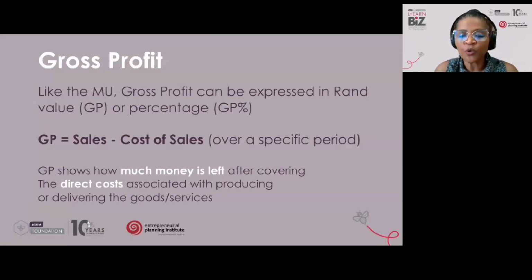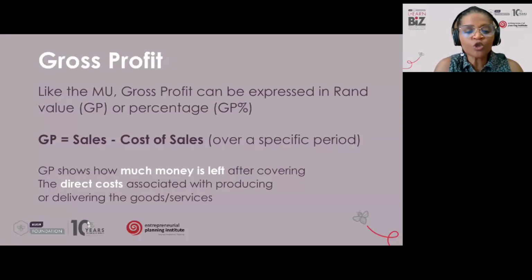We then want to use another very important tool in our business, the gross profit, to determine whether the business is making money. The gross profit is looked at over a specific period. You'll have gross profit from January to June, or from January to December, or a month's gross profit.